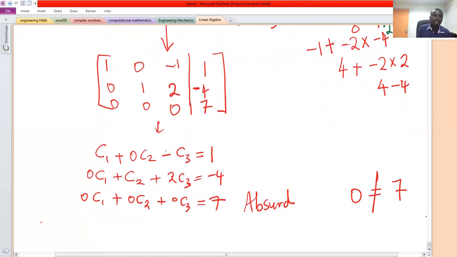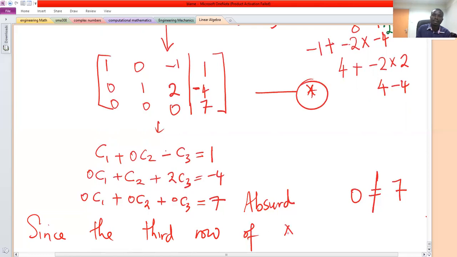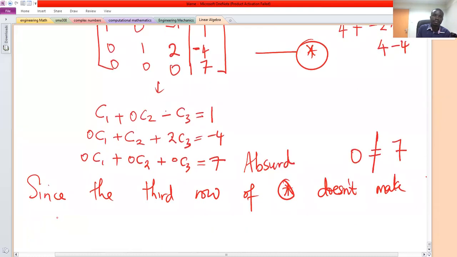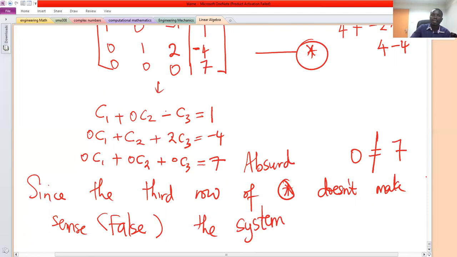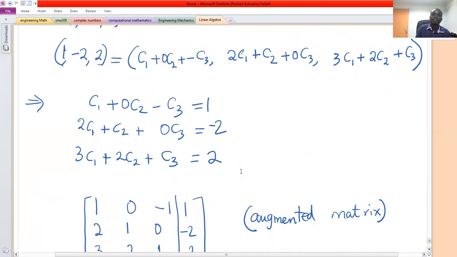So therefore, since the third row, let me call this one star, doesn't make sense, or this same way of saying is false, the system, let's give this one a name, let's call it system alpha.